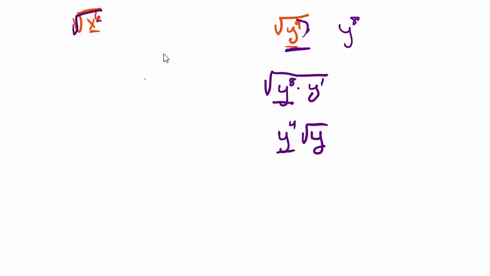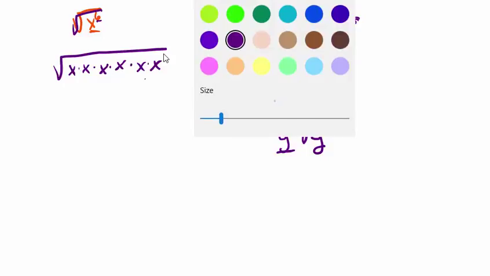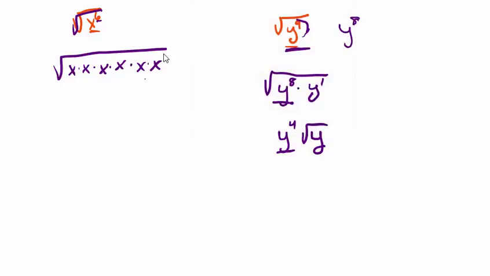So if you remember, x to the 6th just means x times x times x times x times x times x. Okay, and also if you remember, when we're taking a square root, we find pairings. So we have a pairing here, a pairing here, and a pairing here.